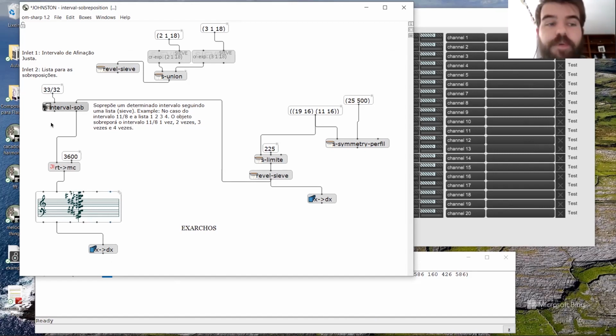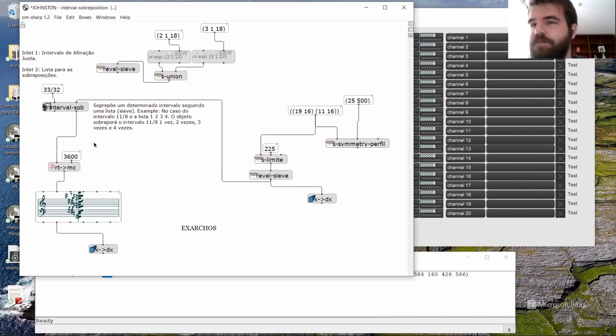And this is important too. Here we have the utonal superposition, which means the superposition occurs in a descending way. And here I have the otonal superposition. Johnson was a student of Partch. He was working with Partch, so he used some concepts that are in common with Partch.